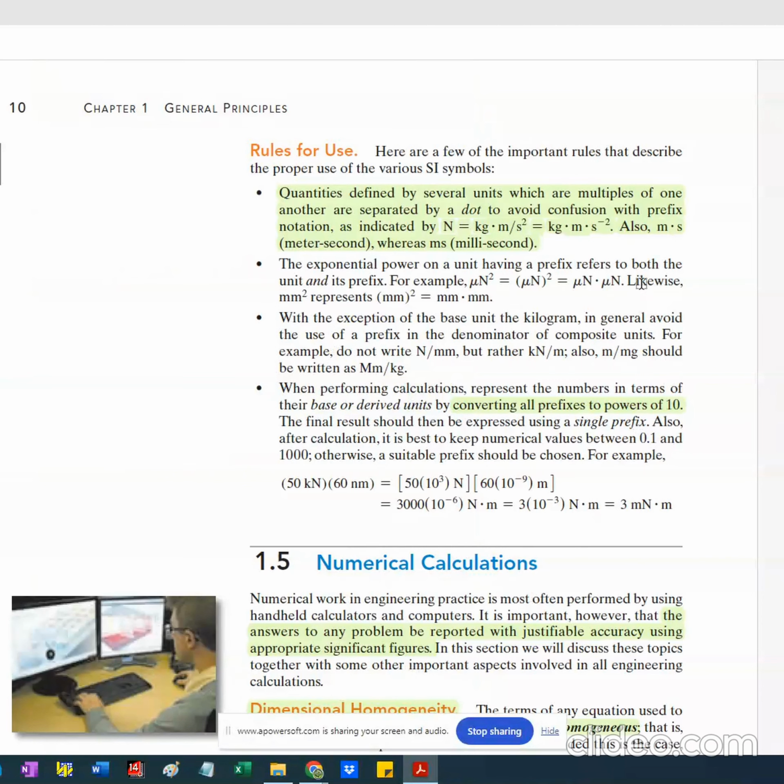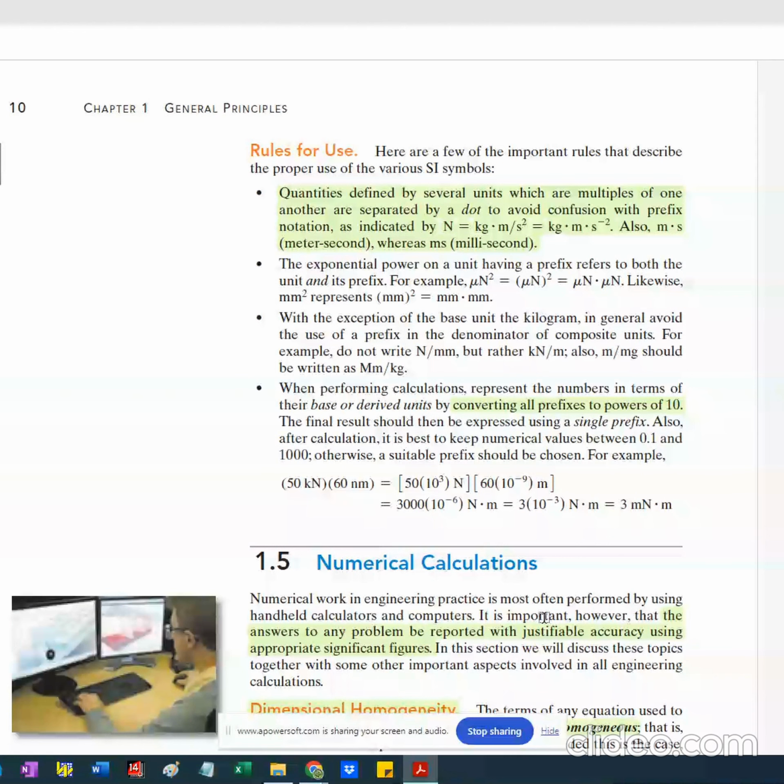So in order to distinguish the different units, we use dots between them. He gives an example here: meter second instead of millisecond. That will be a big confusion. So with a dot, that confusion is eliminated.